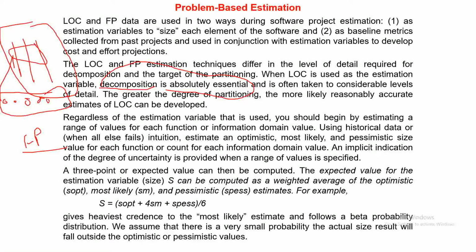Based upon these various factors, we calculate the function point, and with the help of function point, we can generate an estimate. So this is how LOC based estimation and FP based estimation differ fundamentally.